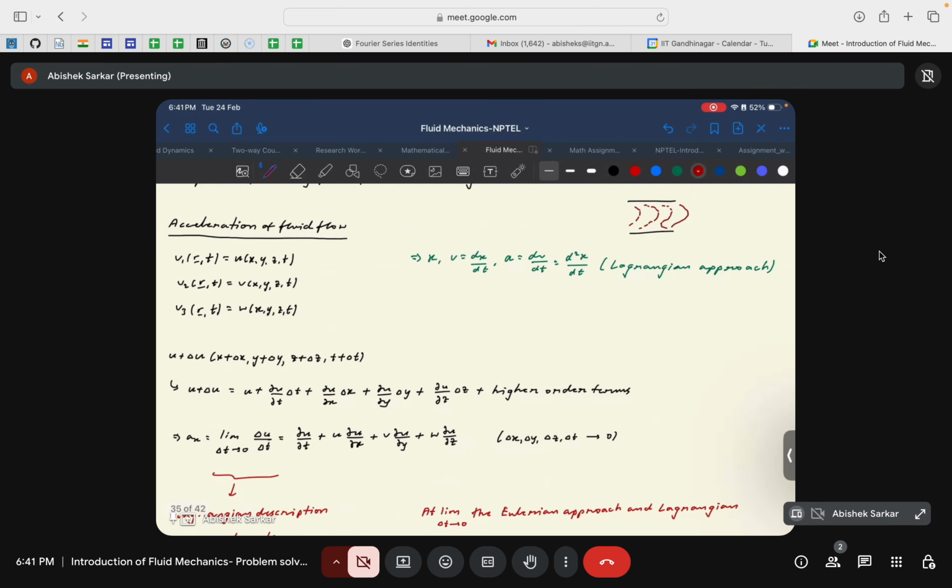Now we come across the topic of acceleration of fluid flow. Again, for the Lagrangian approach, it's very simple. As I mentioned, all the parameters, velocity, position, and acceleration, are functions of time only. So if x is the position vector, then the velocity is given by dx by dt, and acceleration will be given by the derivative of velocity, dv by dt, or d square x by dt square, the second derivative of the position vector.